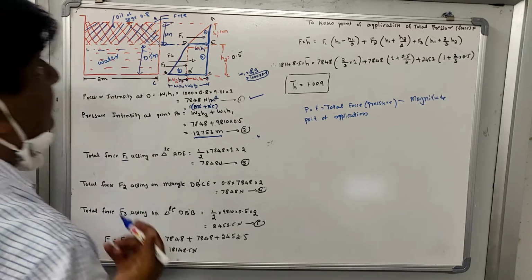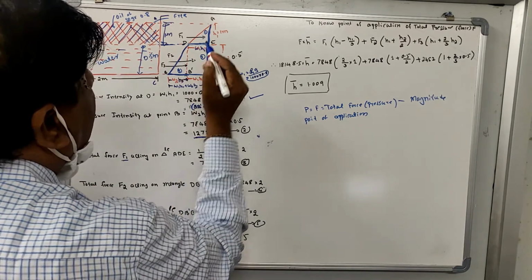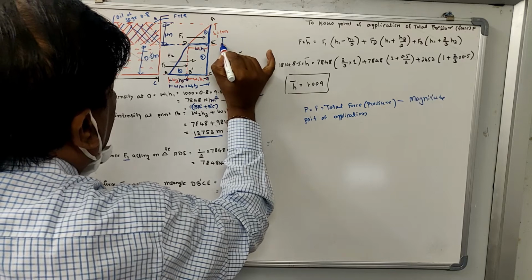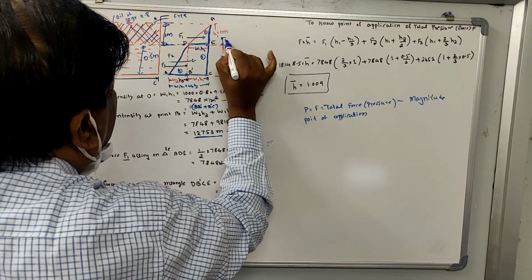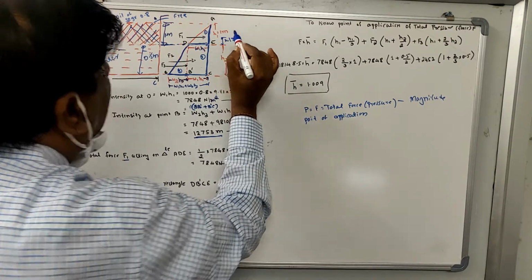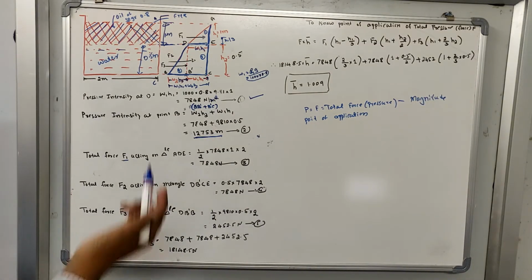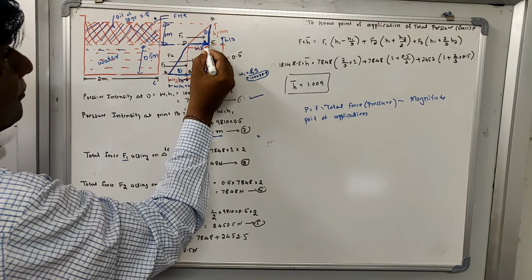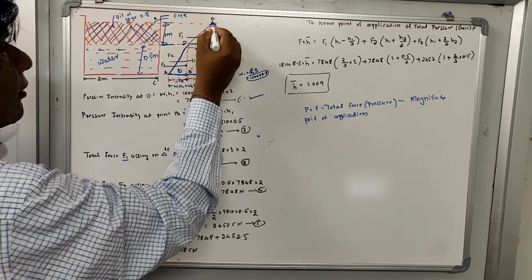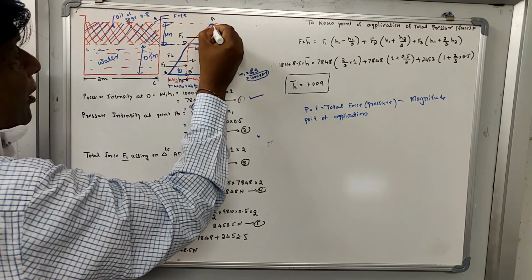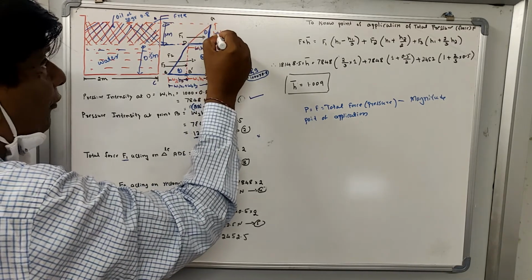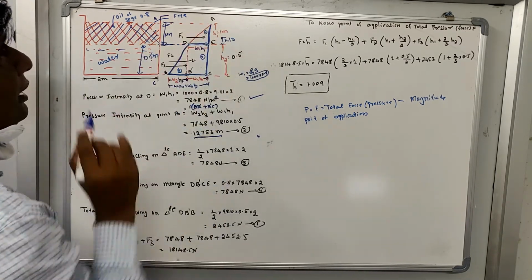And where does it act? It acts at a distance of H1 by 3 from the base DE, or from the top point A, it acts at a distance of 2/3 of H1.